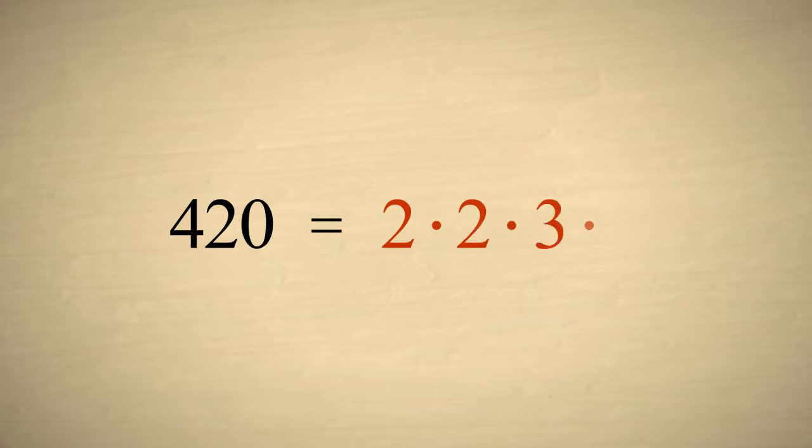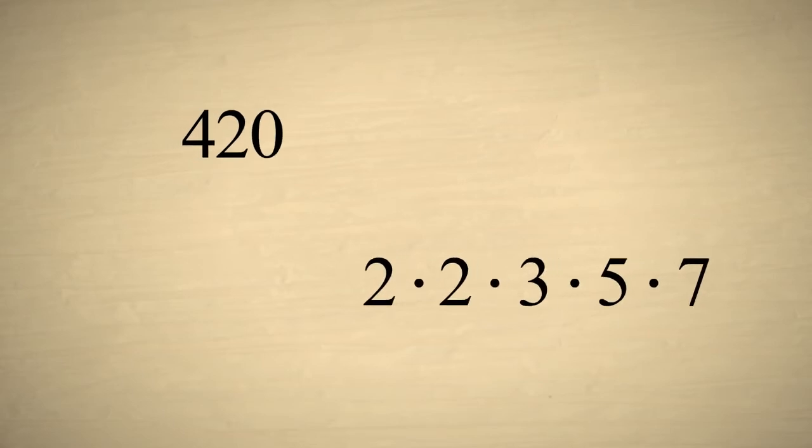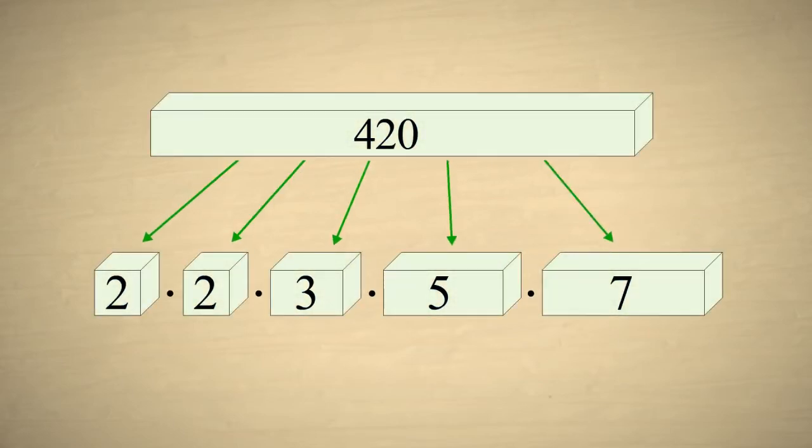To factor a number, we must find the primes which, when multiplied together, produce that number. Take as an example 420, which is the product of the prime numbers 2, 2, 3, 5, and 7. We can think of these factors as the elementary building blocks of 420.